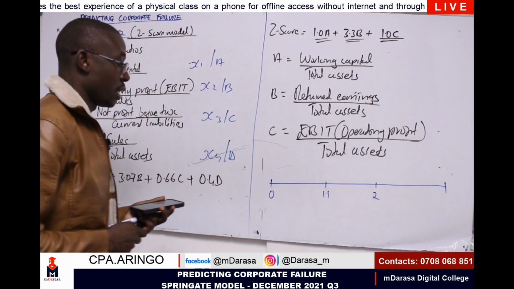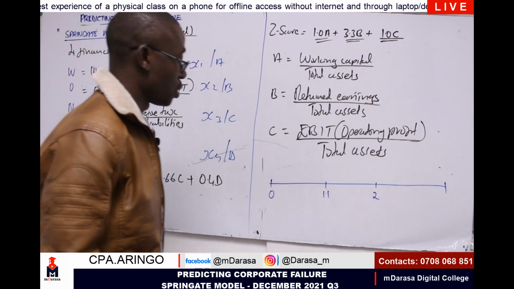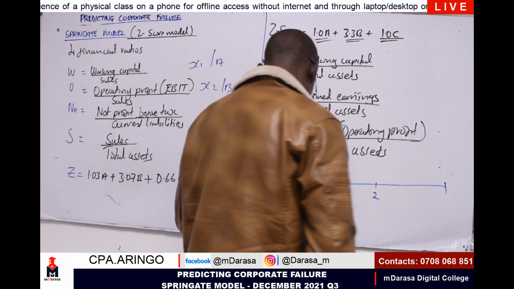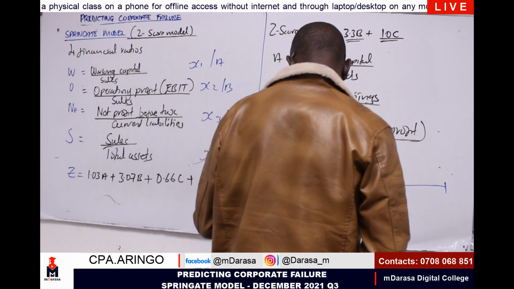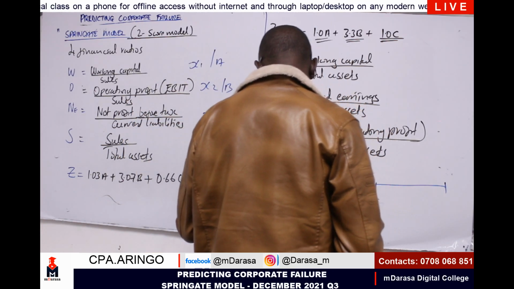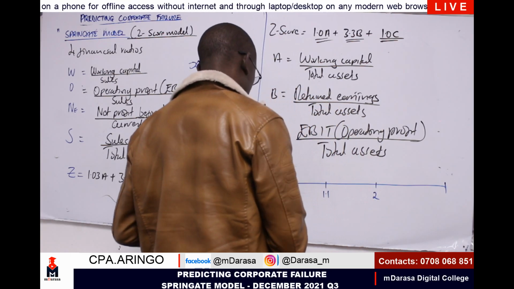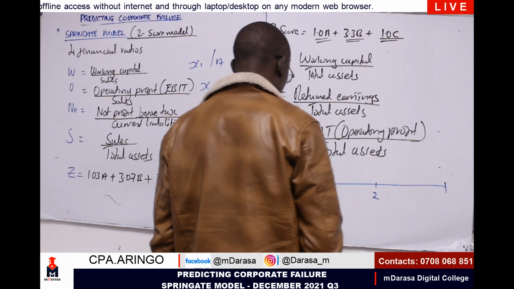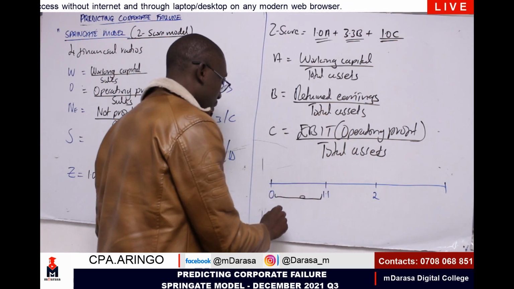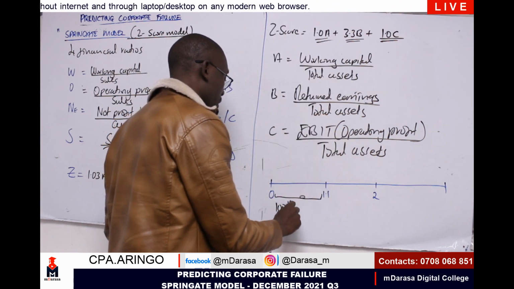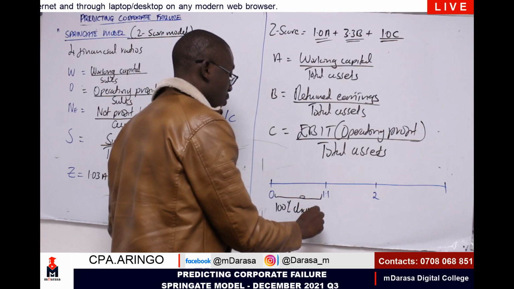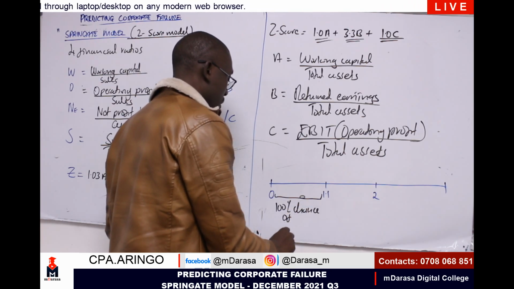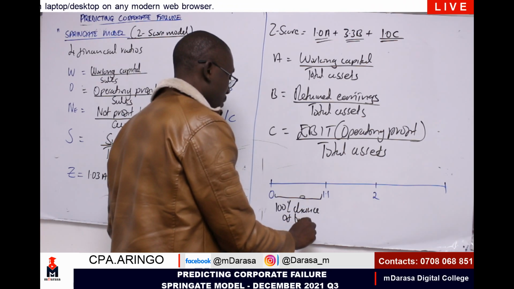So any Springate score that you'll find to be between this area will indicate that this firm has a 100% chance of failure, 100% chance of bankruptcy.